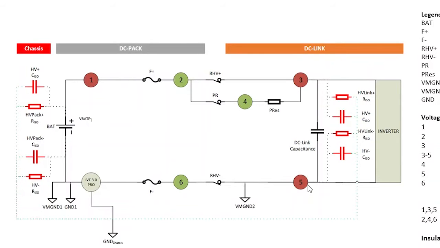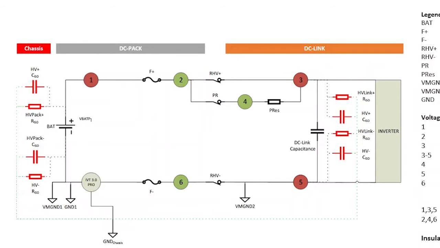On top of that, IVT 3.0 Pro provides 3 more high voltage sensing points, 2, 4 and 6, and these are optional voltage channels. So they technically can be placed in different locations and the isolation detection will still work.